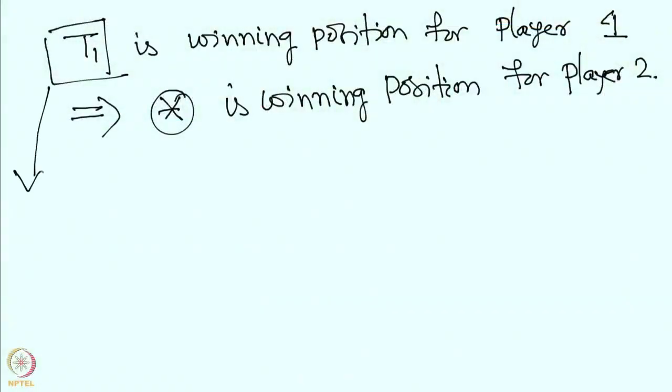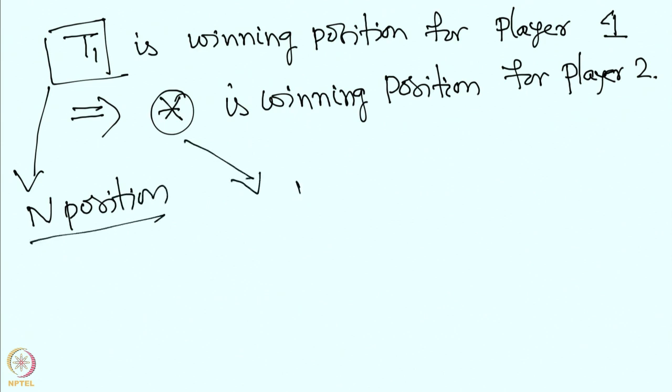So if T1 is a winning position for player 1, it means the person who is going to make a move at the position T1 is the winner. In fact, if you recall the notation, T1 is called an n position. So if T1 is an n position, star is going to be a p position.